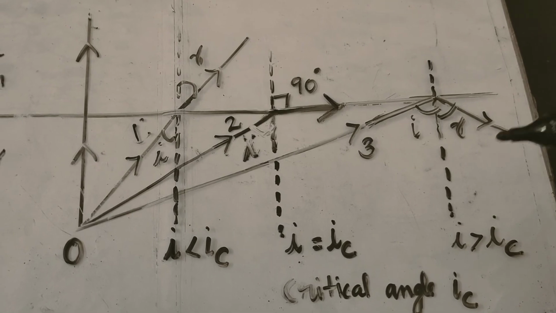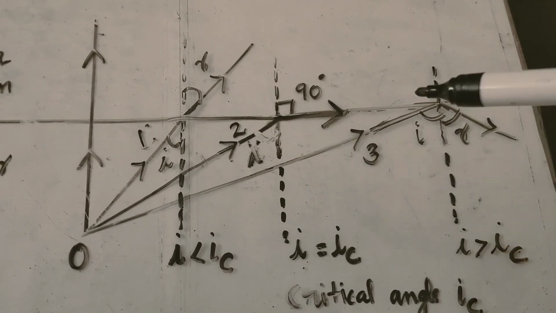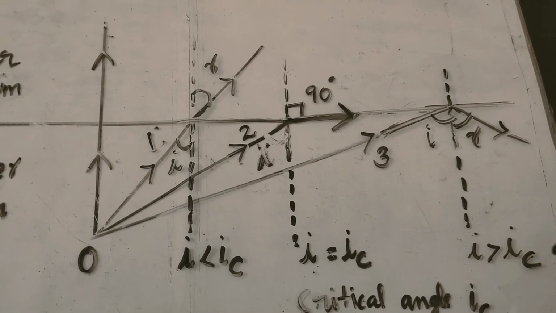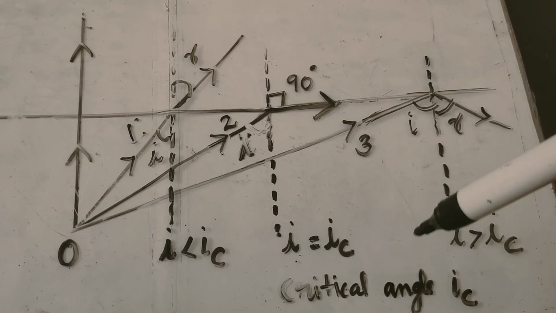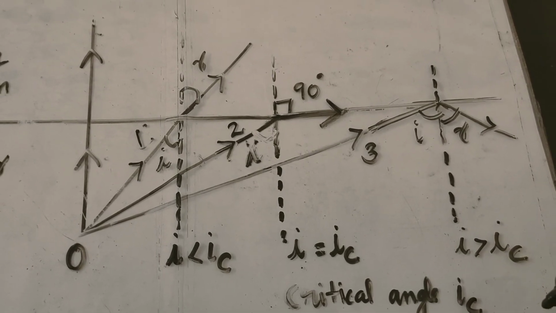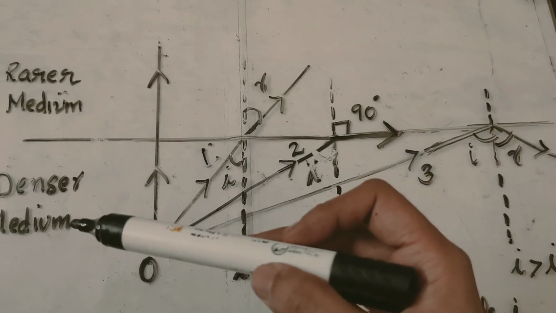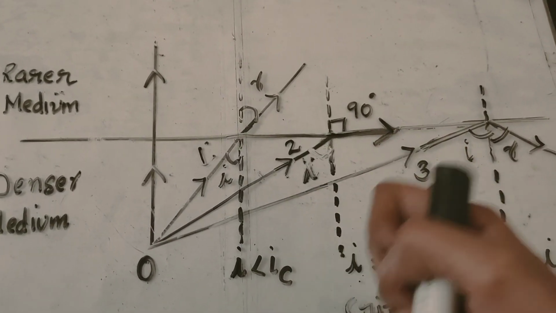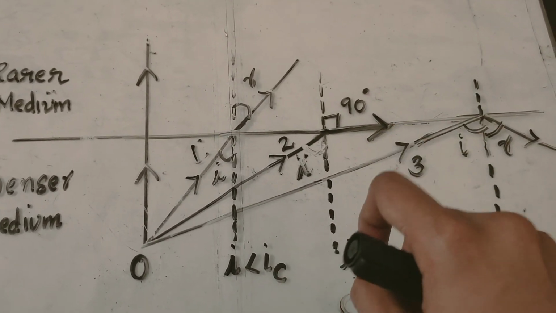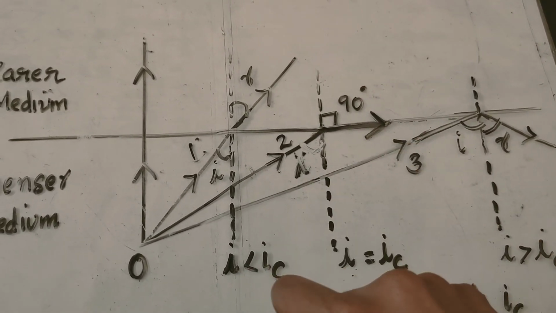So can you tell me what the conditions are for this total internal reflection to occur? The first condition is that the angle of incidence must be greater than the critical angle and light must travel from denser medium to rarer medium. These are the two conditions under which total internal reflection takes place.